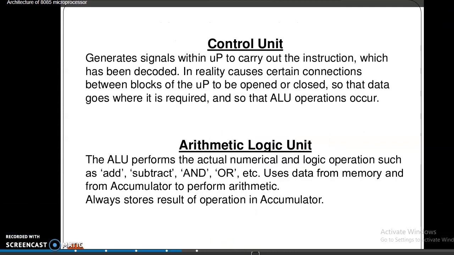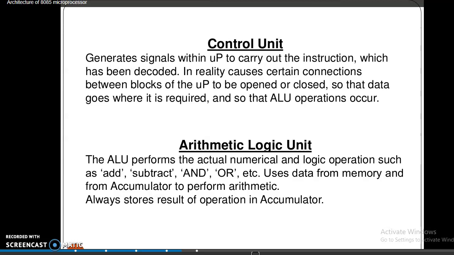Okay. The first one I am going to explain is the control unit. Generally, the control unit passes the control signals from the CPU to other peripheral devices and also from peripheral devices back to the CPU. It generates signals within the microprocessor to carry out the instruction which has been decoded.